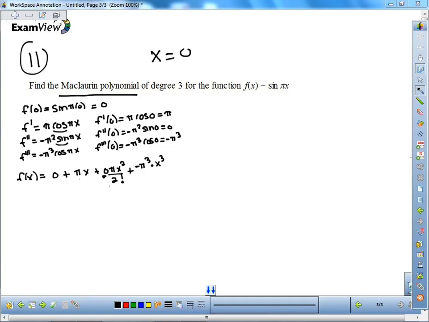Times x to the third over 3 factorial. So my polynomial is going to be pi x minus pi to the third over 3 factorial x to the third. So there's my third degree Maclaurin polynomial.